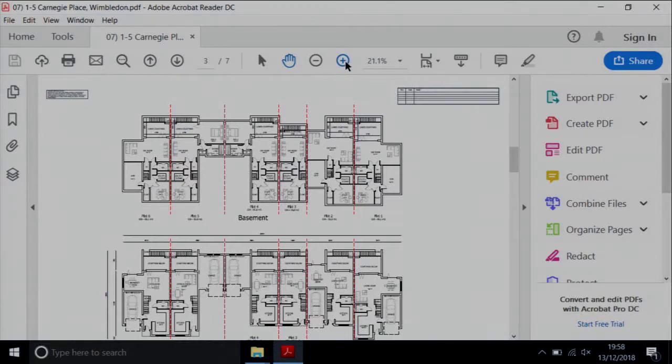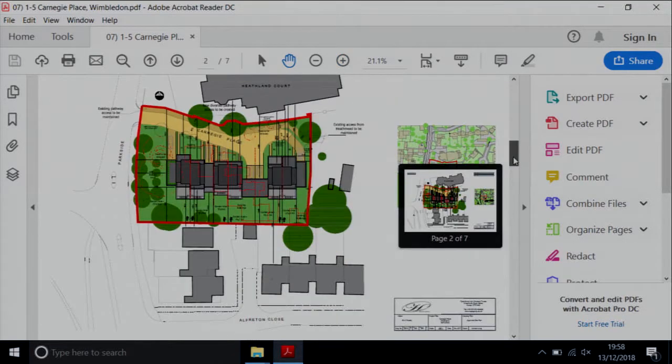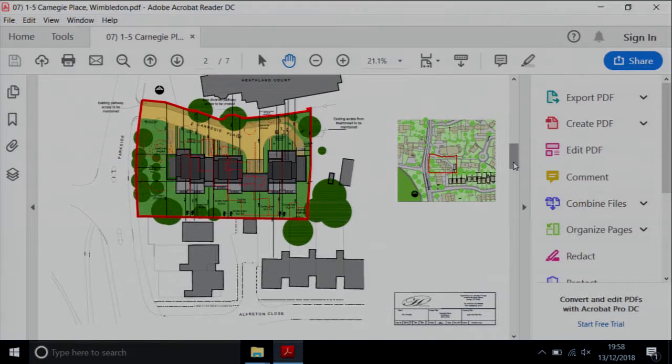Comments? No comments? Okay. Yes, Councillor Ward. For the first time, I think we're seeing a Brexit development. The developers obviously wanted to provide a number of three-bedroom houses, and now they're coming back wanting to add a basement and add an extra floor to the bottom because they didn't think they'd be able to make enough money with property prices going down as they are because of the threat of Brexit.